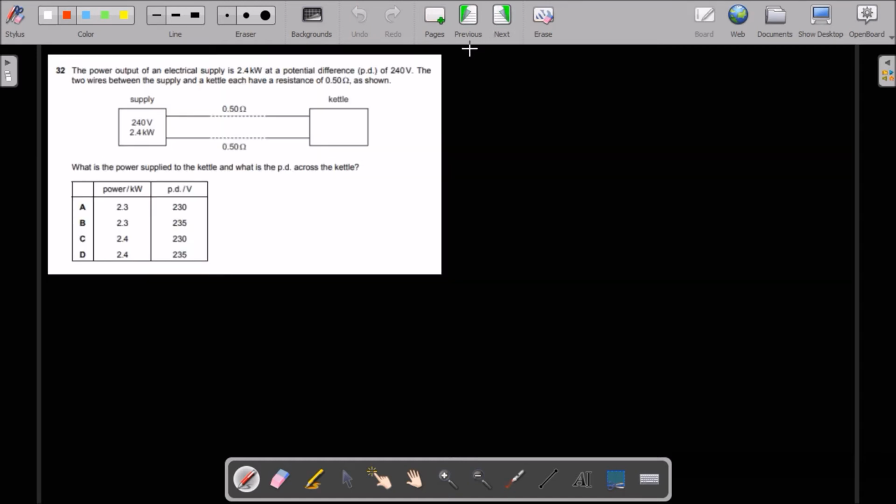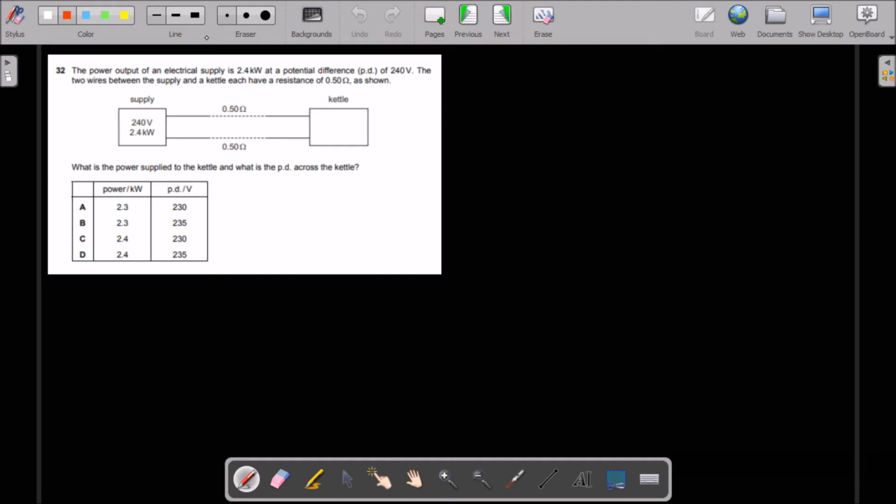Question 32. The power output of an electrical supply is 2.4 kilowatt at a potential difference of 240 volt. The two wires between the supply and the kettle each have a resistance of 0.50 ohm as shown. What is the power supplied to the kettle and what is the PD across the kettle?